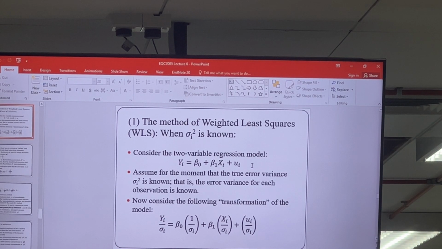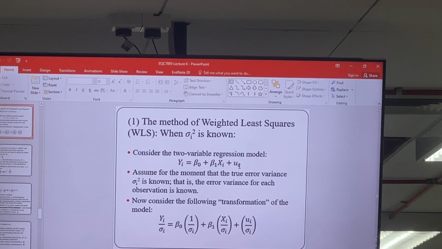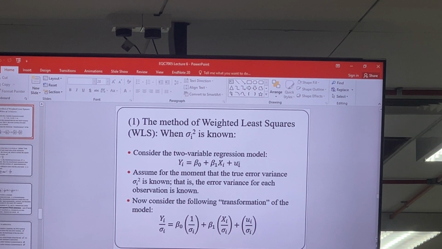But let's say you have two x's, then you have to identify first which x is the cause of the problem, for example by plotting the square of the residuals against each x, to see which one makes the squared residuals have a non-constant, unequal spread. Here for this example we have one x, so we assume this particular x is the source of the problem. So the error variance is proportional to this x, it depends on the value of xi.